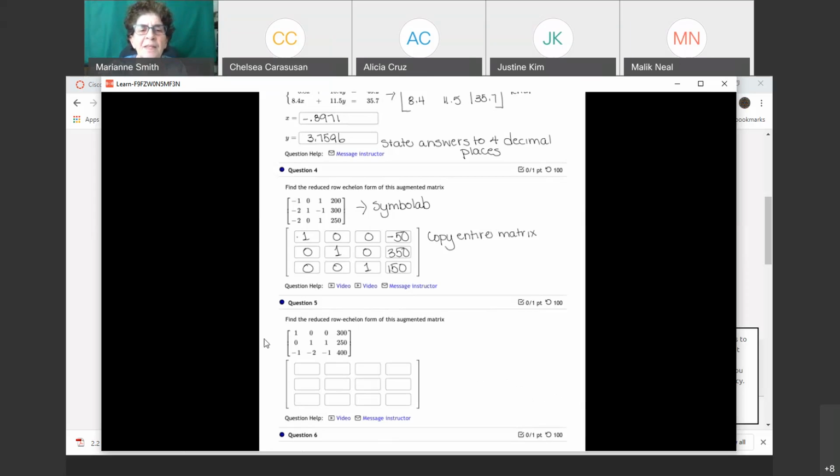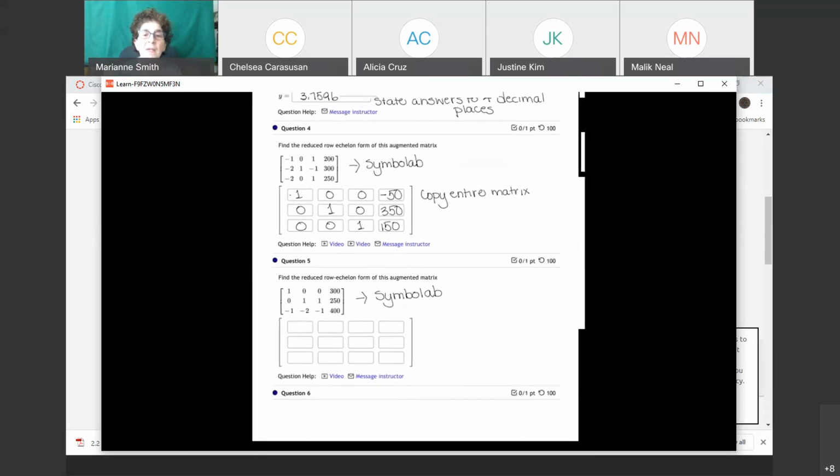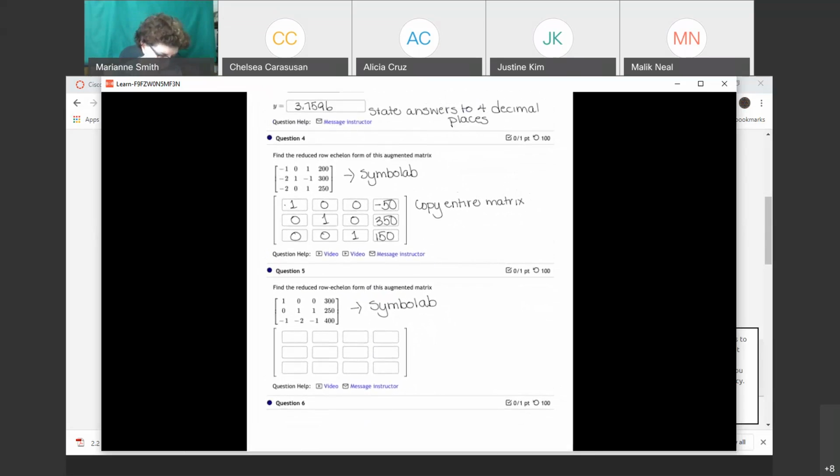Okay, this is another one where, again, I'm going to basically put this in Symbolab. This one's even closer to reduced row echelon form. So all I would have to do here is clear out this first column, clear out the second column. I'd have to continue. I'm not going to waste time doing it. I'll just show you what comes out of Symbolab if you want to check.